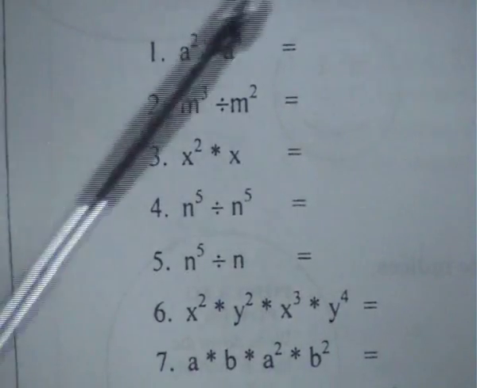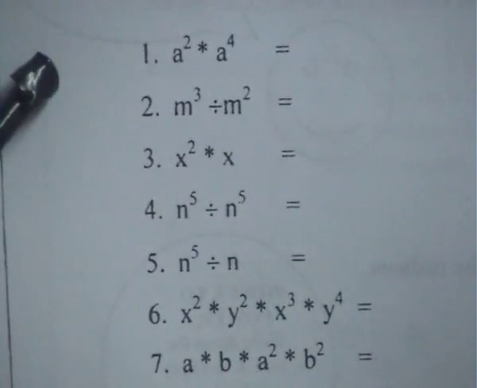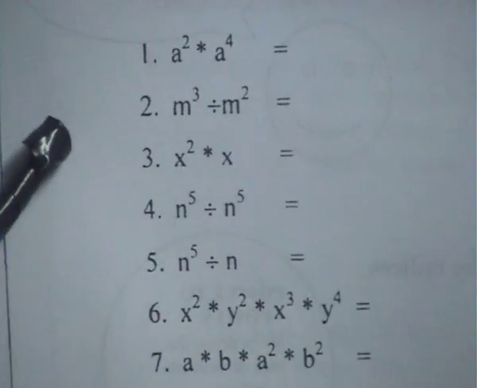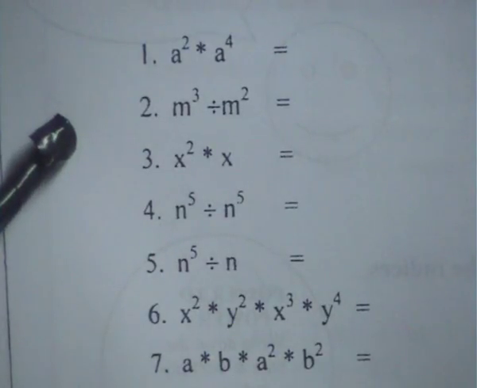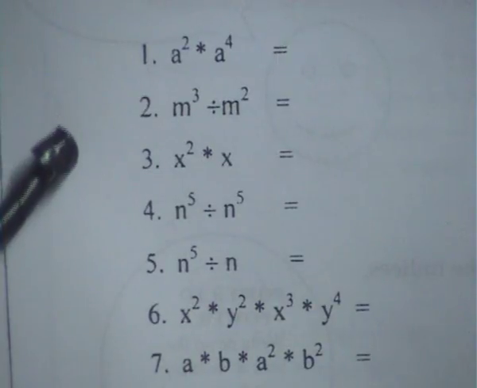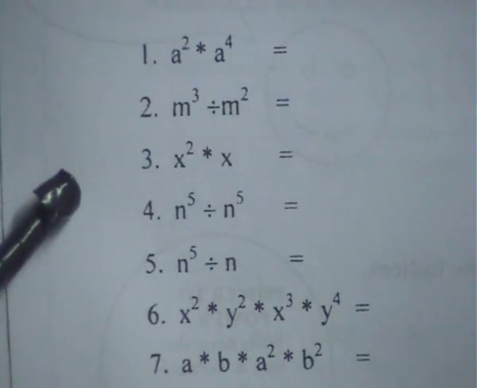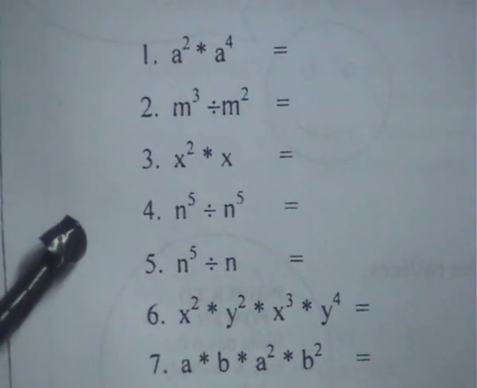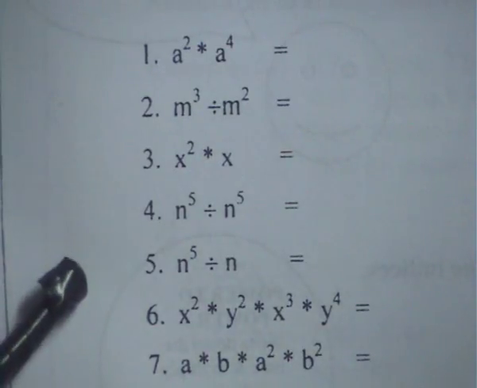Number 1, a squared times a to the 4. Number 2, m cubed or m to the 3 divided by m to the 2. Number 3, x squared times x. Number 4, n to the 5 divided by n to the 5.